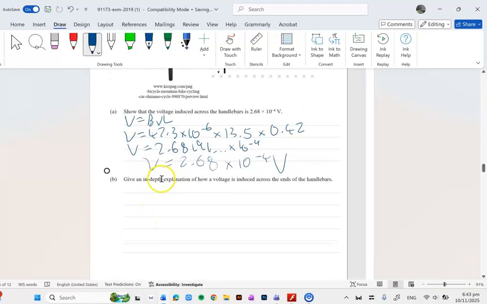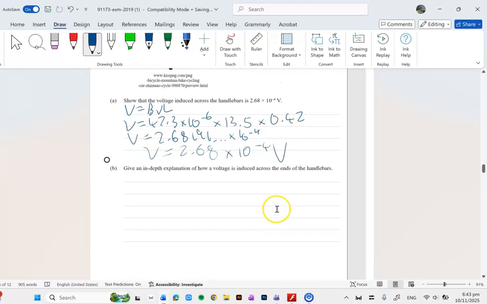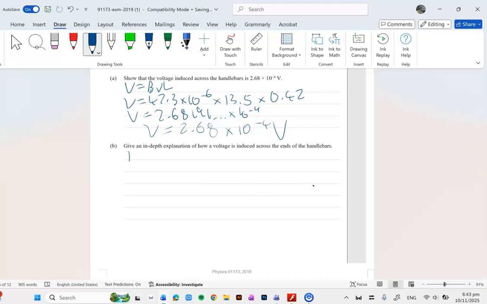Give an in-depth explanation of how a voltage is induced. Right, so the handlebar has electrons in it which cut the B field, the magnetic field. Just writing B to save time.